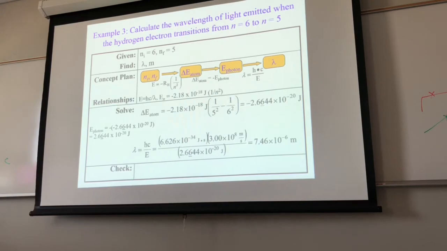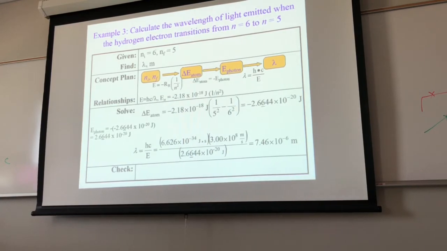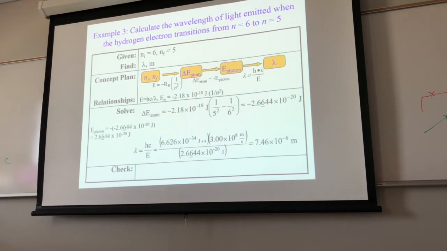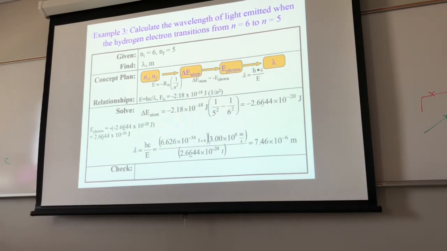If I factored a negative out of this, those would reverse. She's asking why there's a negative at the front, the negative E photon. That's because I don't like to put negatives in the front of my formulas. I just like to say 1 over n1 squared minus 1 over n2 squared.